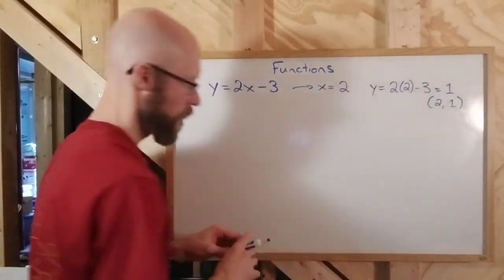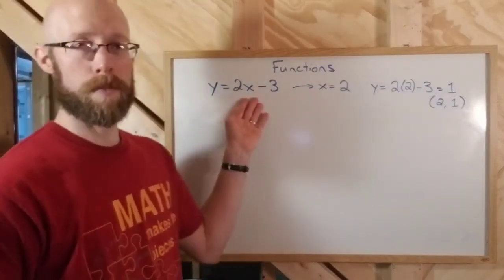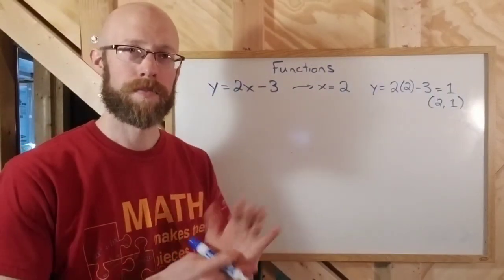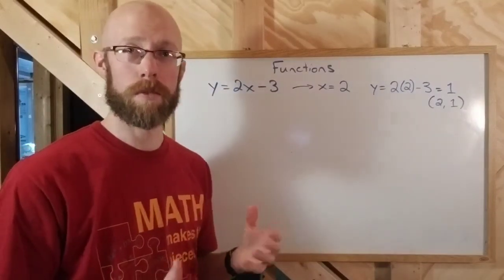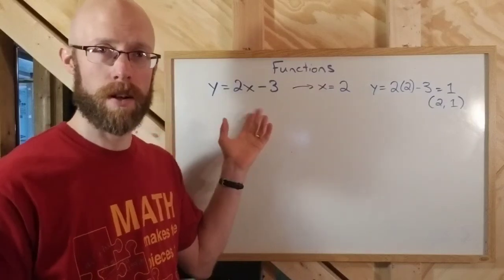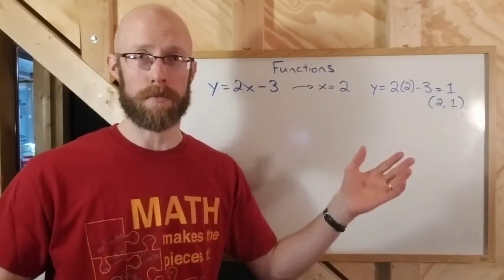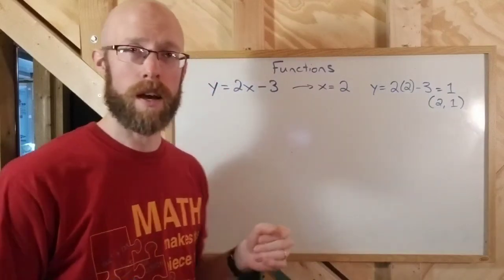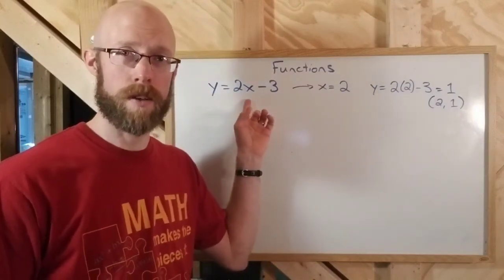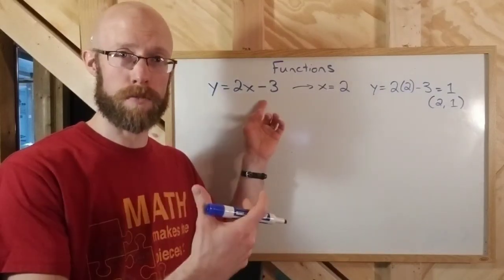So, in this example, y equals 2x minus 3, the inputs could be anything. There's no restriction to what you can plug in here. I could plug in any number on the entire real number line, from negative infinity to infinity, for x, and I know that no matter what number I plug in, I can always double it, and I can always subtract 3.